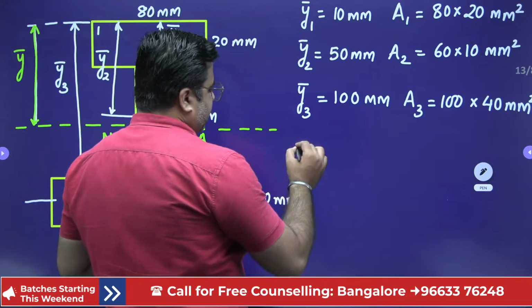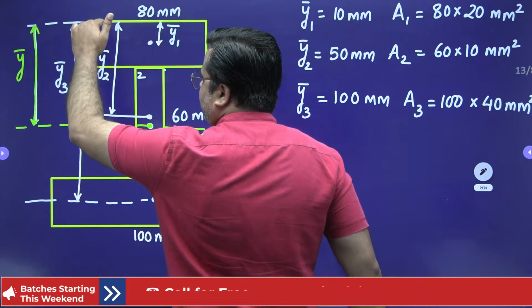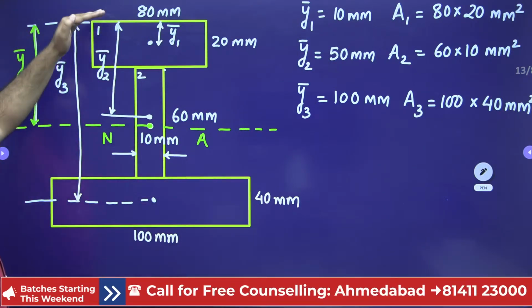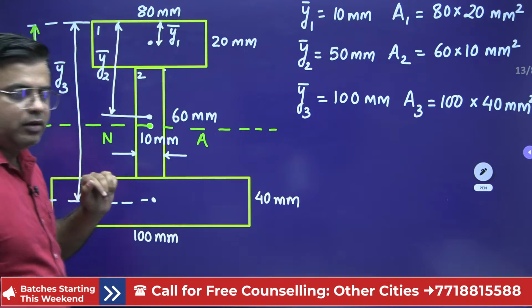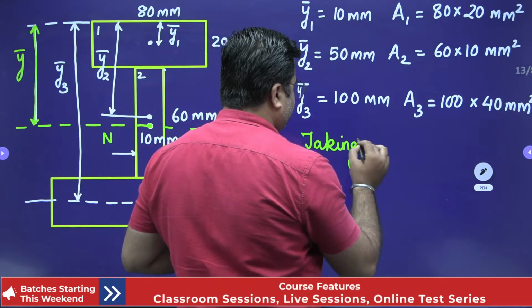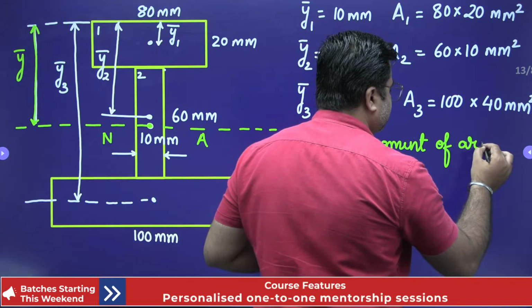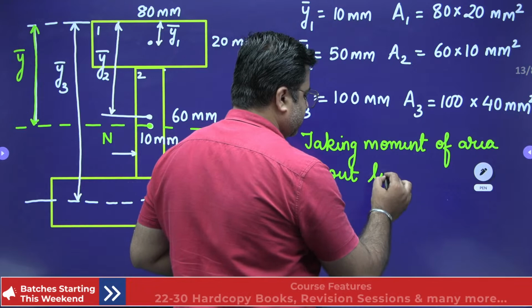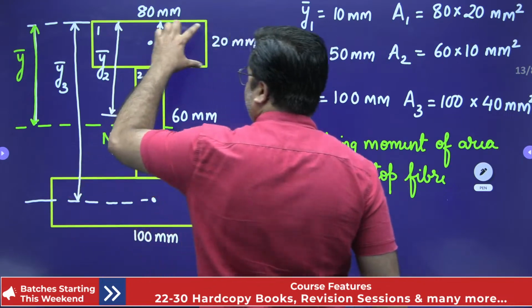Or simply, if you take the moment of all the individual areas about this top fiber, first the moment of area A1 will be A1 into Y1 bar.